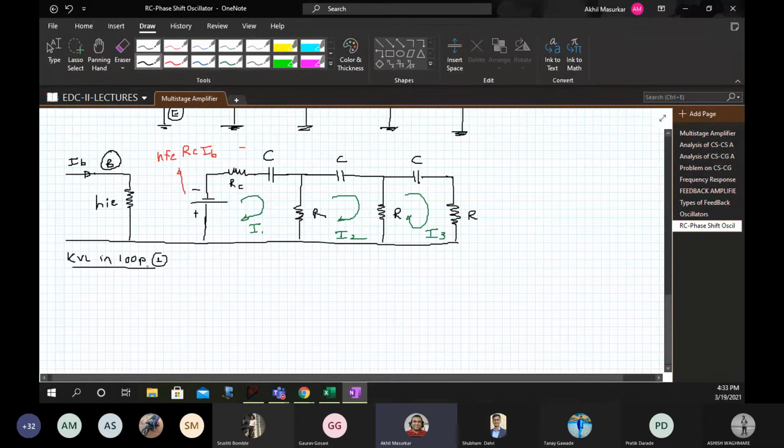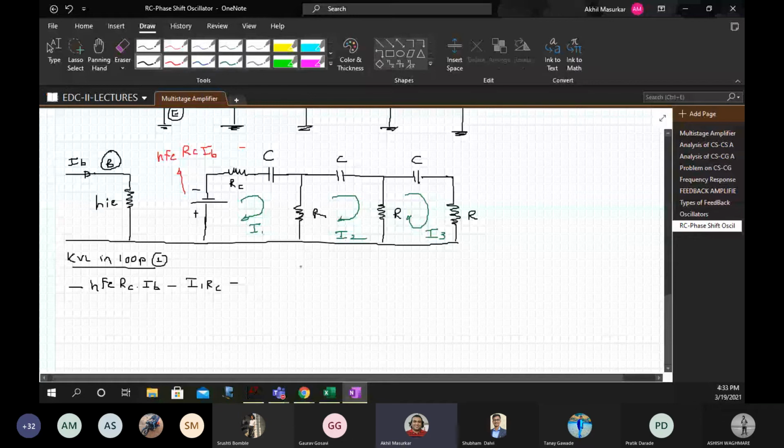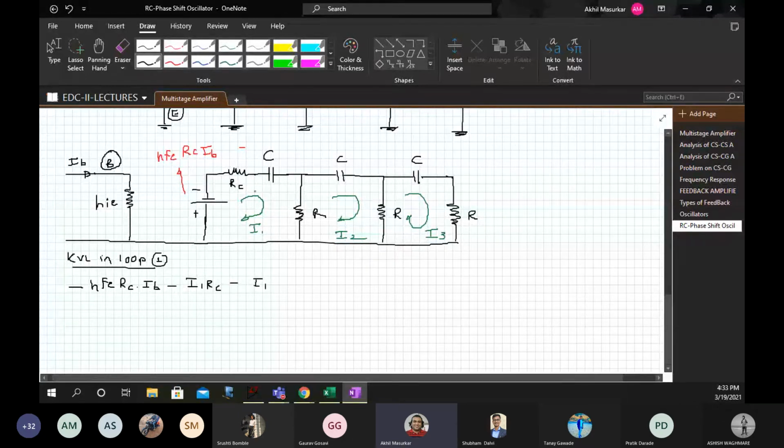If I apply KVL in loop 1, what I'll get here is minus HFE RC into IB, minus I1 RC, minus I1 into, so what is the impedance offered by C?